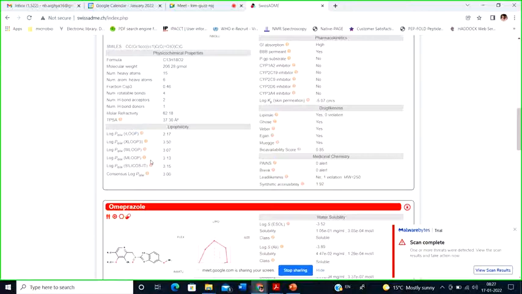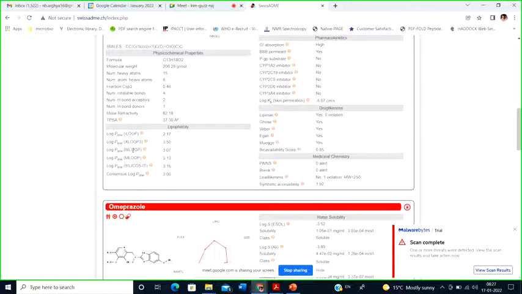Now, in this regard, the Swiss ADME server gives access to 5 freely available predictive models. You have the iLOGP, the XLOGP3, the WLOGP. So what is XLOGP3? XLOGP3 is an atomistic method that includes a corrective factor and knowledge based libraries.